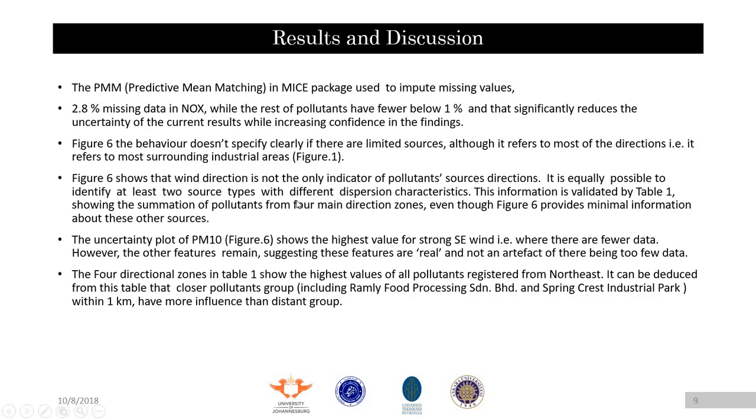Also in figure 6, they show that the wind direction is not the only indicator of the pollutant source's direction. It's equally possible to identify at least 2 source types with different dispersion characteristics. This information is validated by table 1, showing the summation of pollutants from the 4 main direction zones, even though figure 6 provides minimal information about these sources.